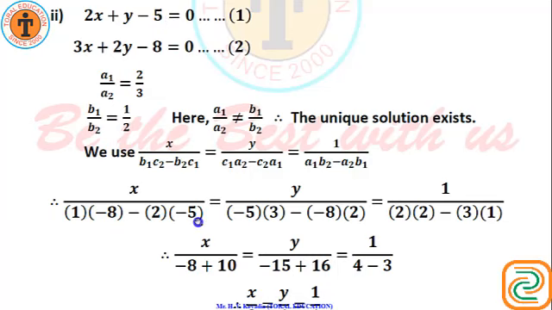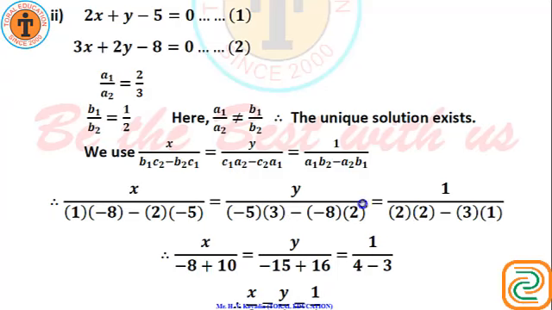Again c1 a2: c1 is minus 5, a2 is 3, minus 5 into 3, minus c2 a1, minus 8 into 2. The middle sign is minus in all the terms.